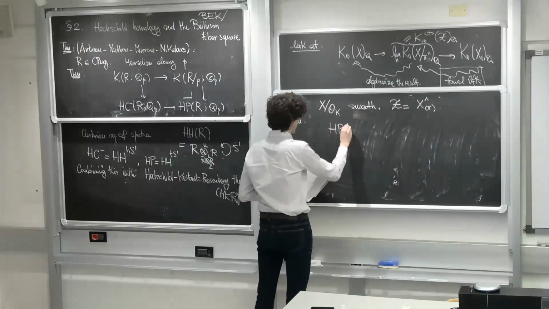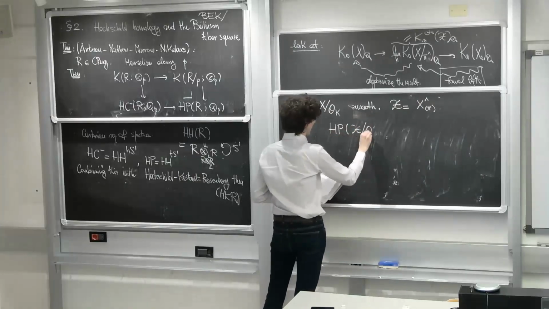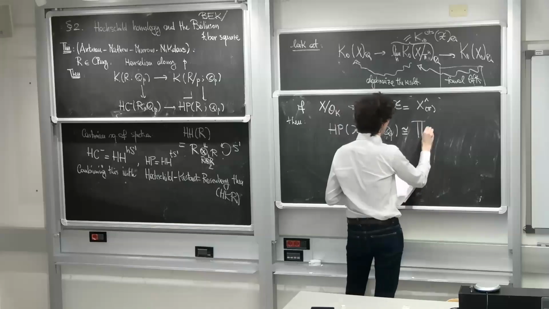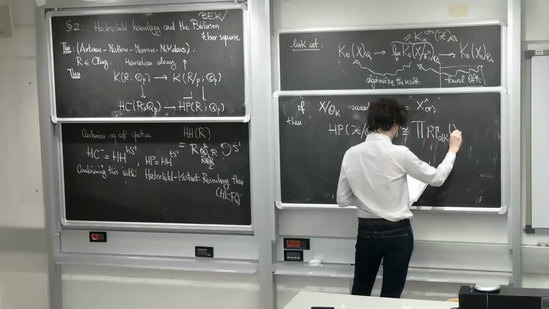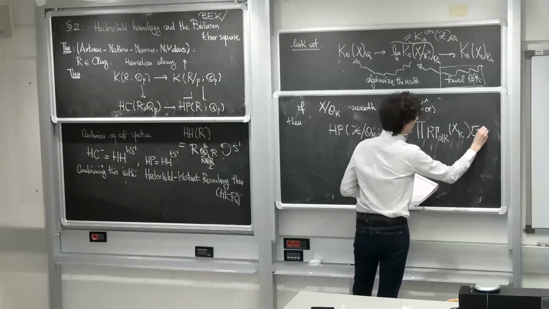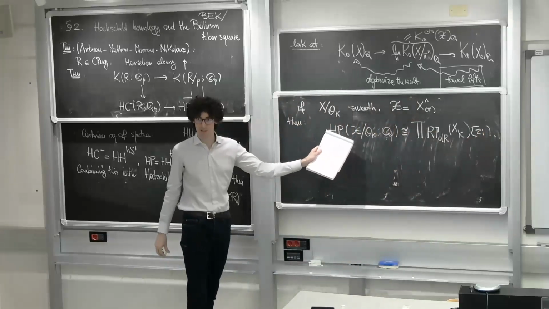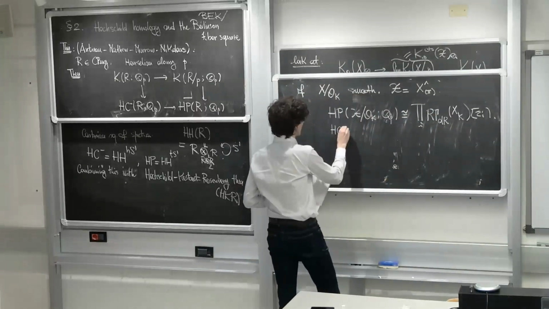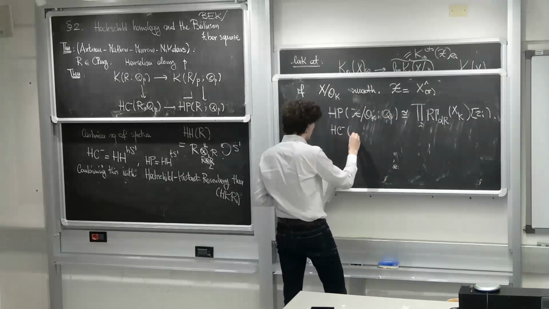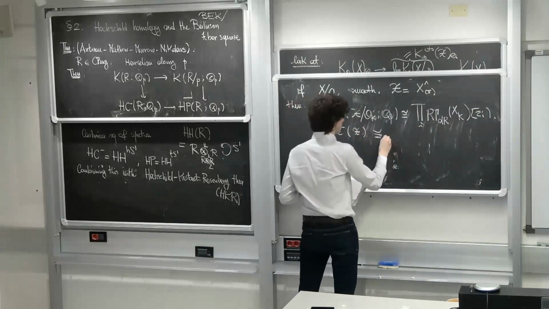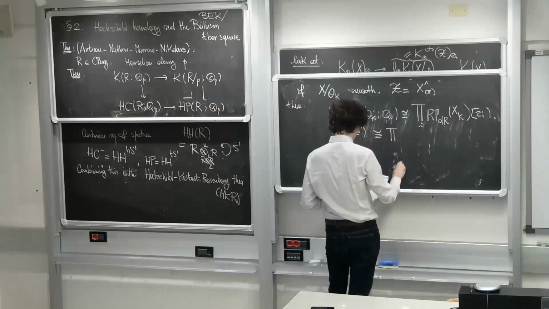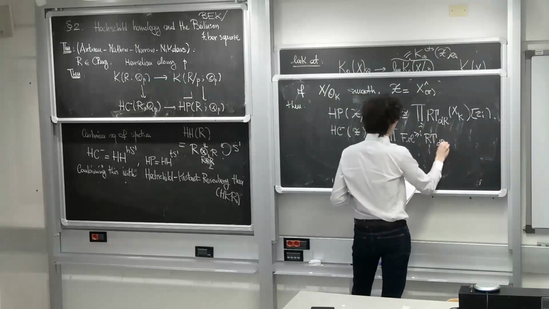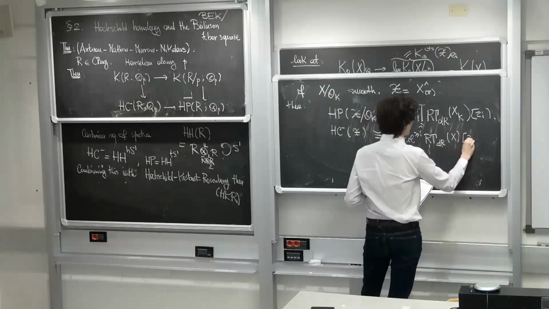HP of X over K, with coefficients, is isomorphic to a product over I of R gamma de Rham of X, shifted by 2I. Product over I. And HC minus encodes the Hodge relation instead. So HC minus of X is isomorphic to a product of Fil^I derived Hodge cohomology R gamma of X, again shifted by 2I.